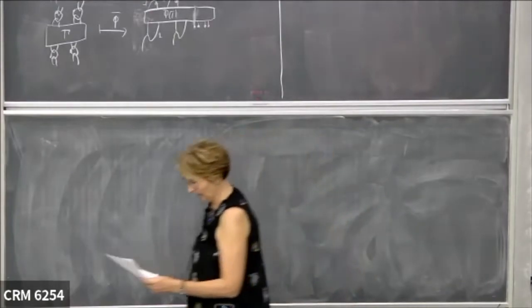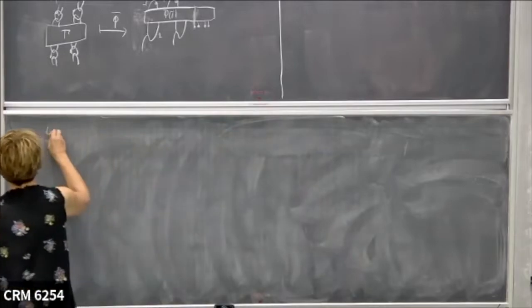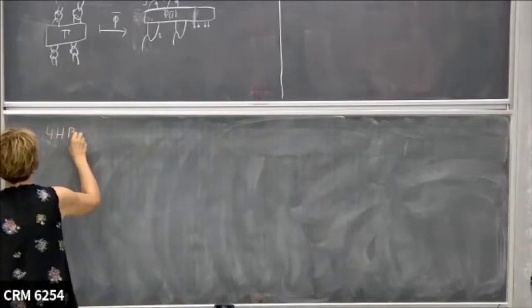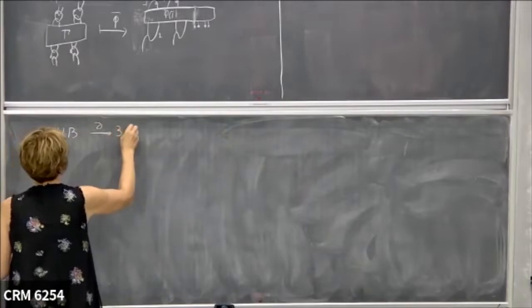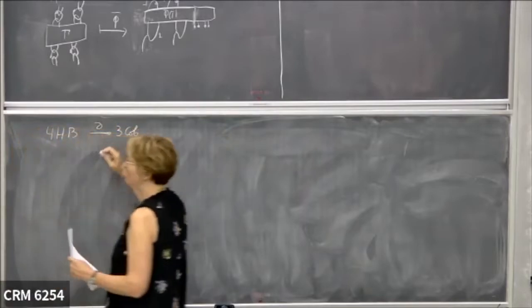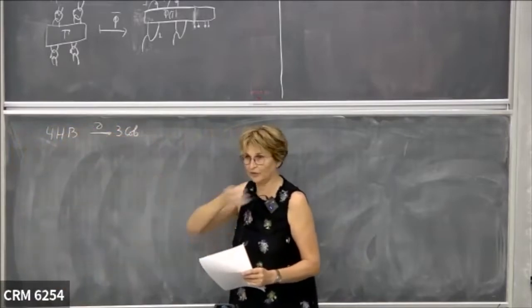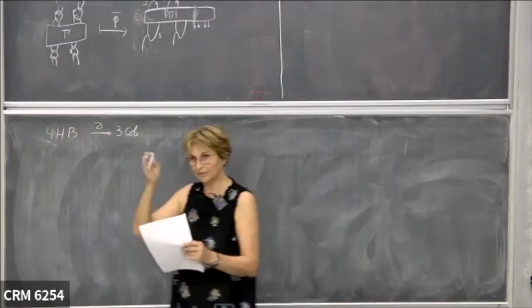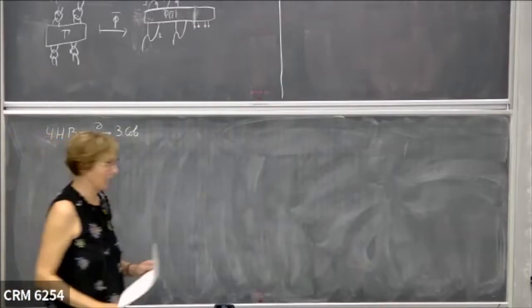As you have seen, there is a natural functor from 4HB to 3-cob just by taking the front boundary of the handlebody, or for Kirby tangles. I just described this here: how, given a Kirby tangle, you construct a corresponding morphism in 3-cob.